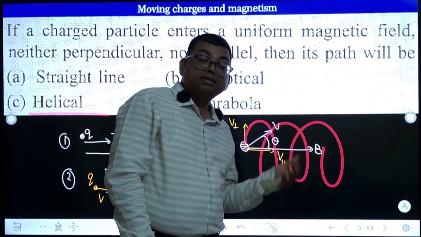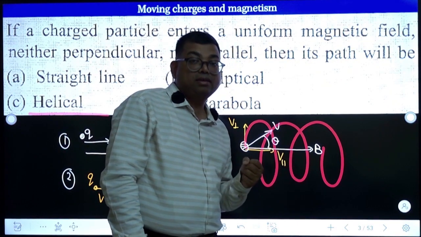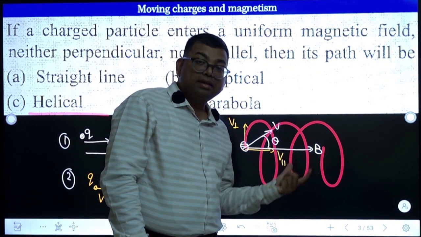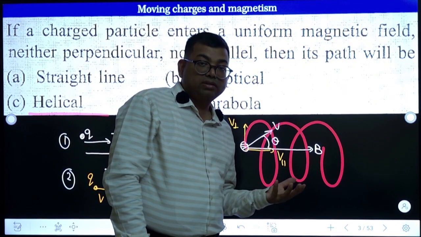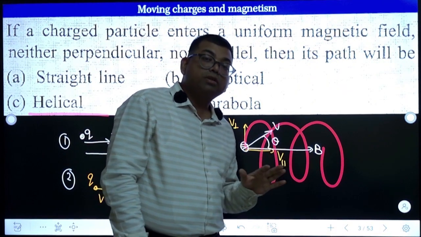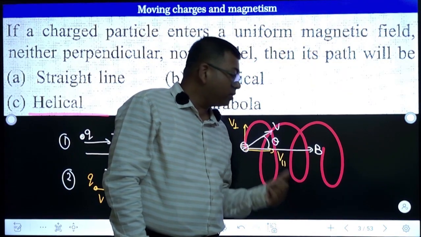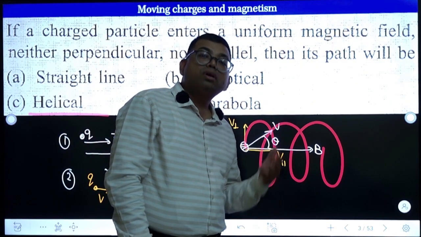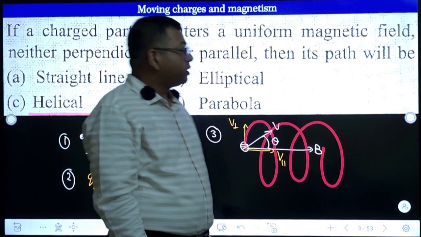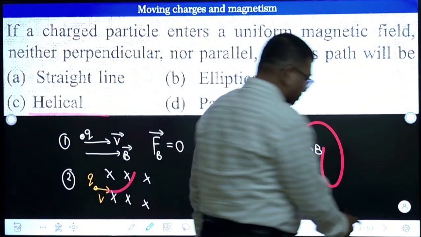Then in that case it will also be a helical path, but that helical path has a non-uniform helix, you can say, because the pitch will not be defined there, because in equal time it will be traveling unequal distances due to acceleration, right? Let us move to the next question.